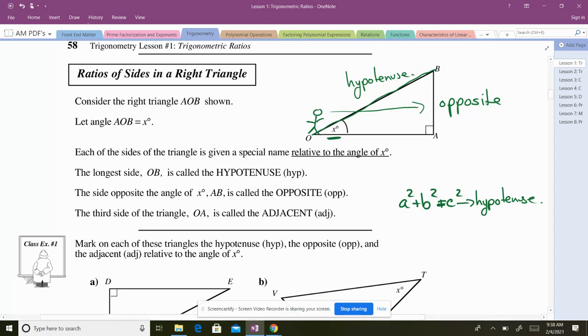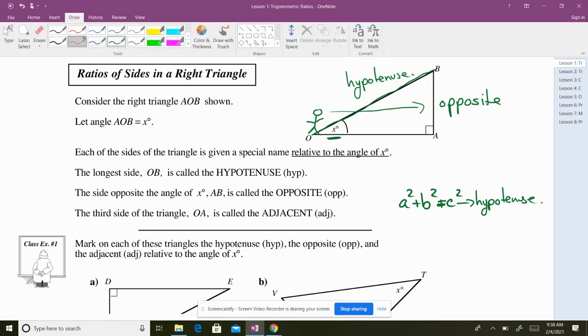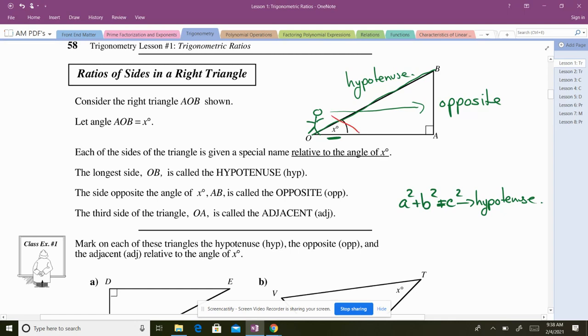The side that is beside you, right here, is called the adjacent. We'll just call it O is opposite and H is hypotenuse.